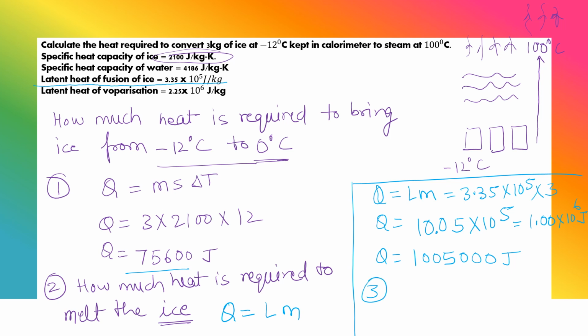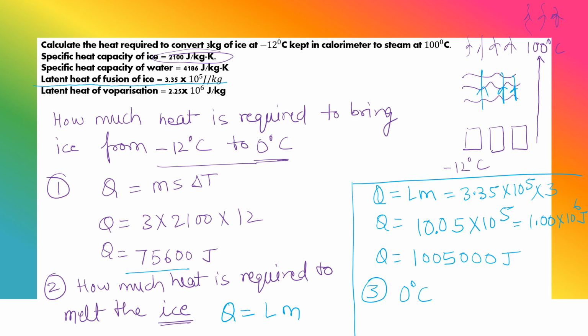So the third part is how much heat will be required to raise the temperature of 0 degrees Celsius liquid, because now once the ice melts completely, the initial temperature of liquid would be 0 degrees Celsius. Now as you keep adding the heat, the temperature of this liquid starts increasing.